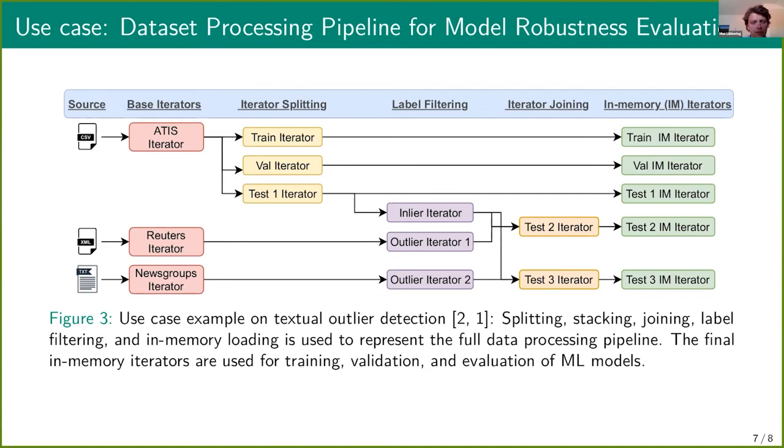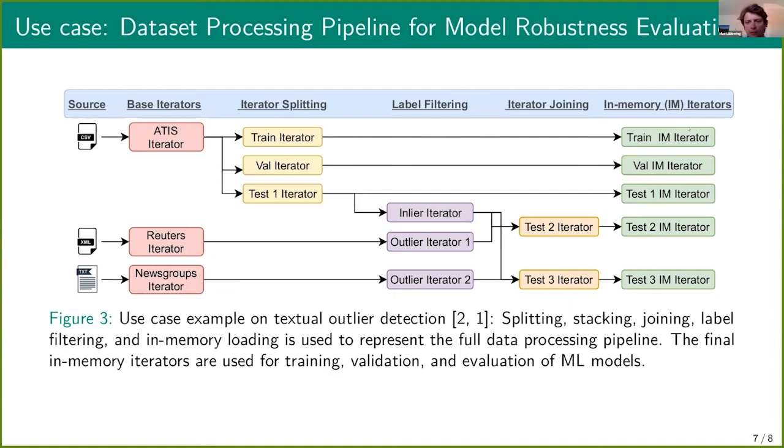In this case, it's an ATIS, Reuters, and NewScripts iterator, which are all based on text data sets. In the first step, the ATIS iterator is being split into train, val, and test, and then subsequently being loaded into memory to make this way faster for iteration.